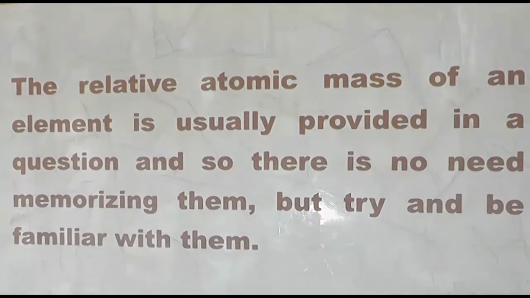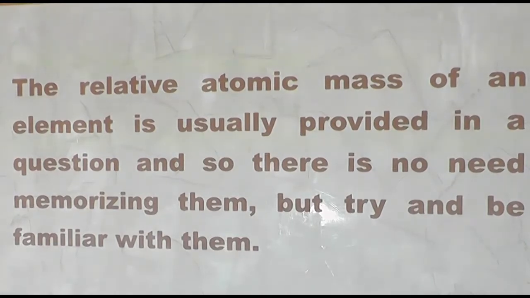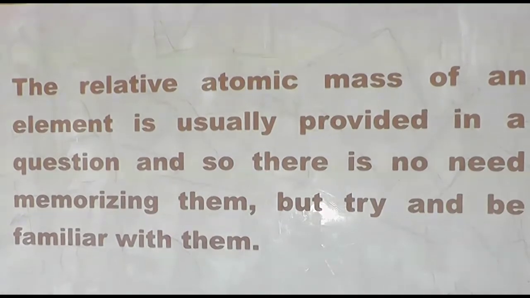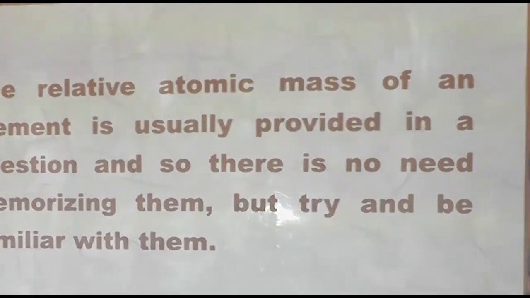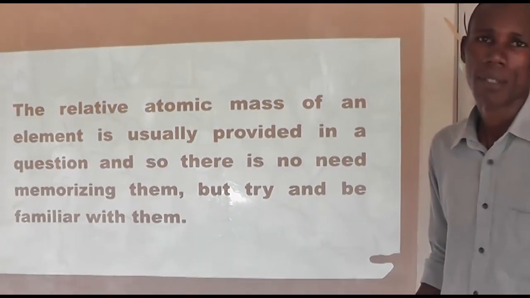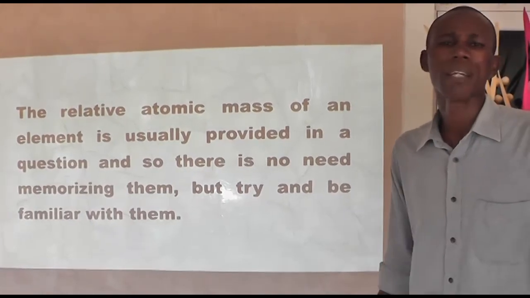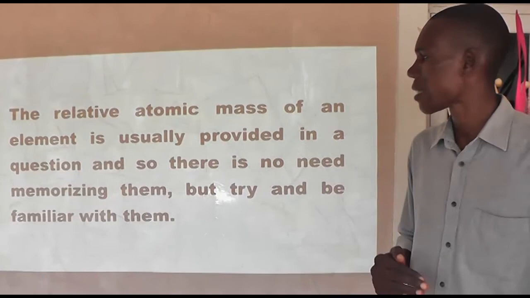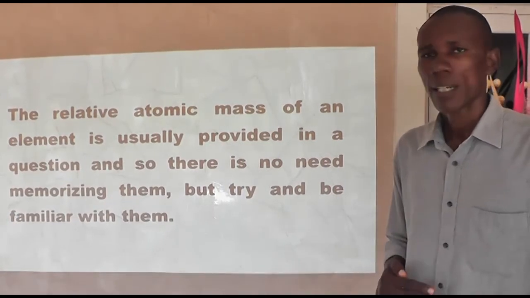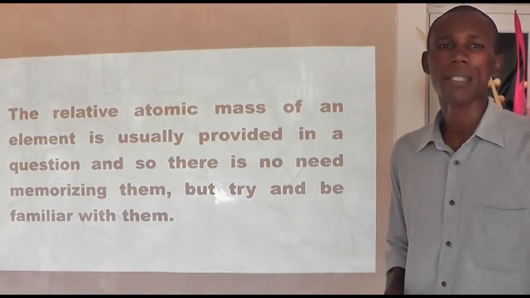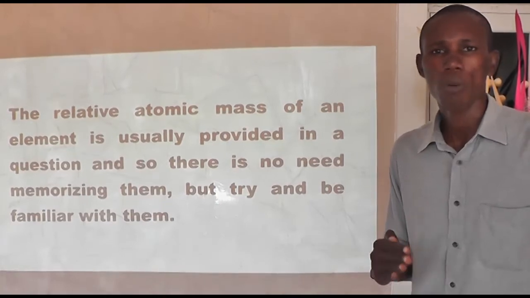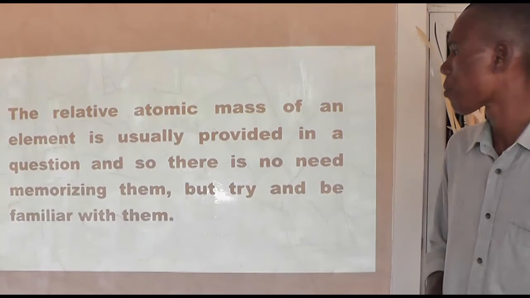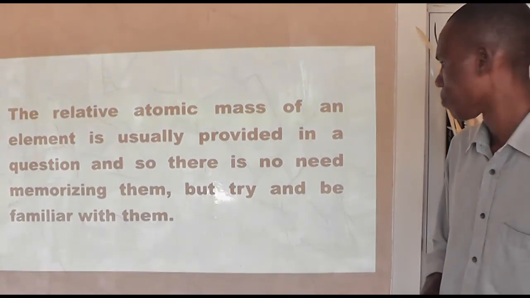The relative atomic mass of an element is usually provided in any questions that involve it. Therefore, you need not memorize them, probably by cramming or by whatever means. You don't need to memorize them. In questions that involve calculations dealing with the relative atomic masses of elements, it will be provided and you will use it to solve whatever problems you are faced with.